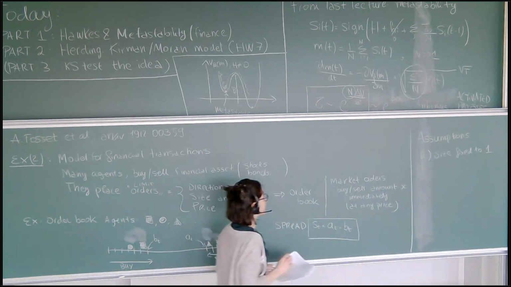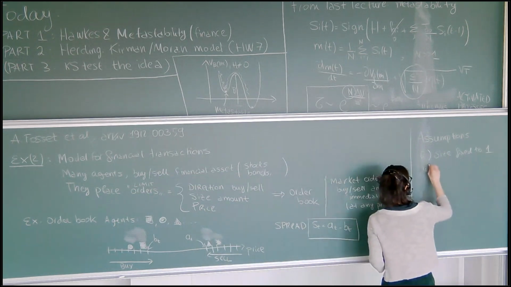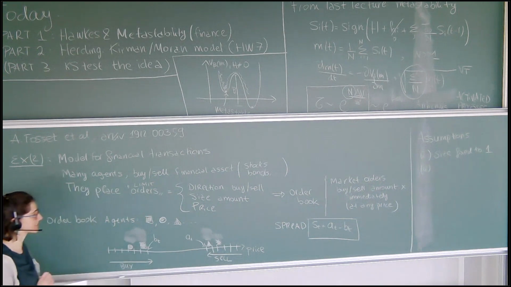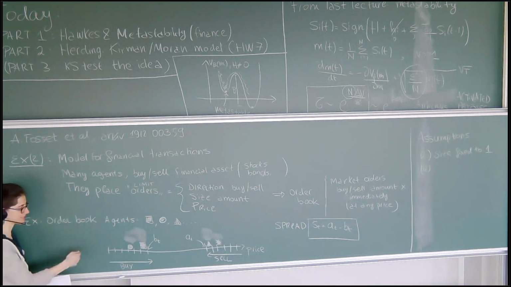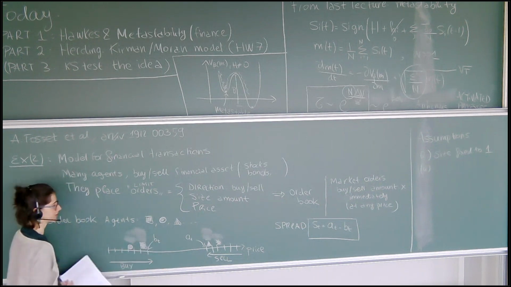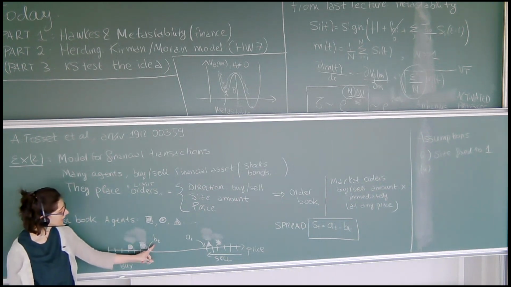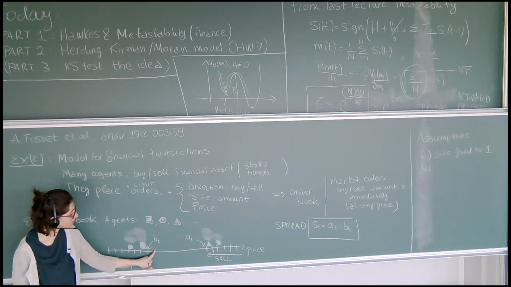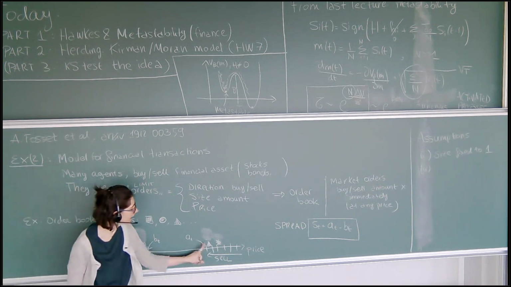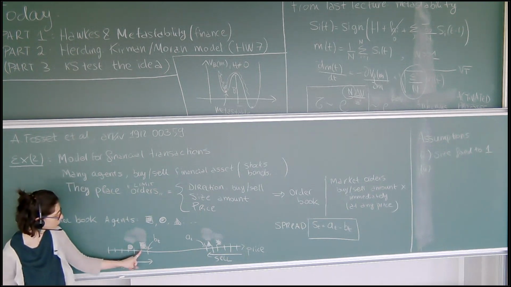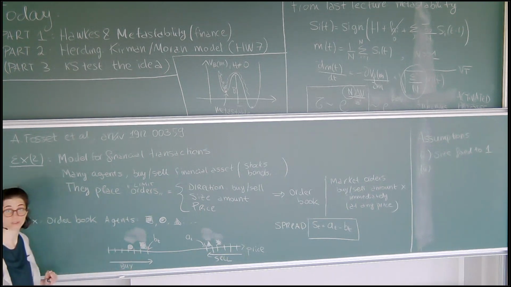Then we make a second assumption, that once one slot in this price axis is filled, and you are a new agent that wants to place another order on top of what is already contained in the book, you can only place it in front, so at a higher price if you want to buy, or at a lower price if you want to sell. So in front of those price slots which are already occupied.